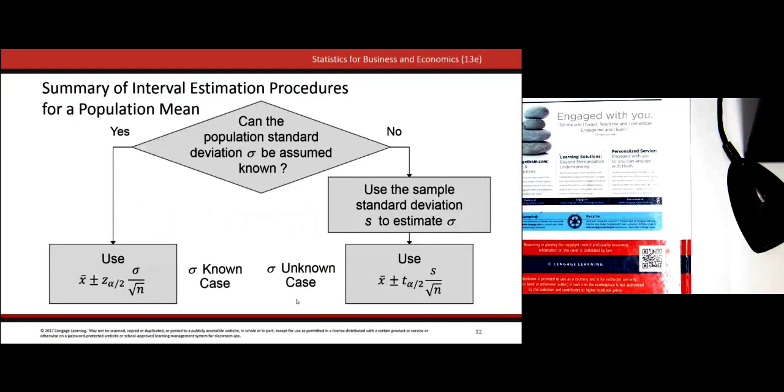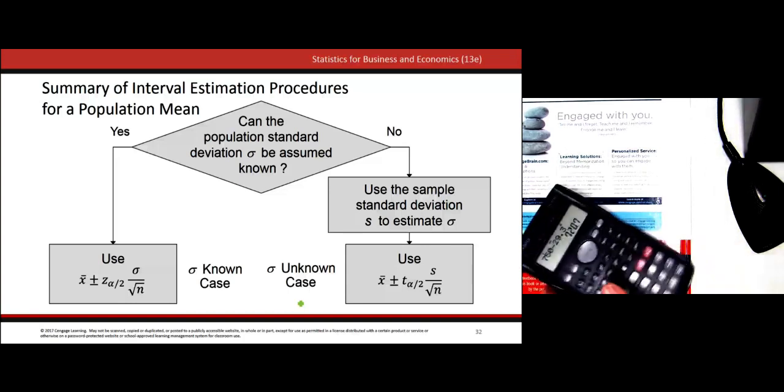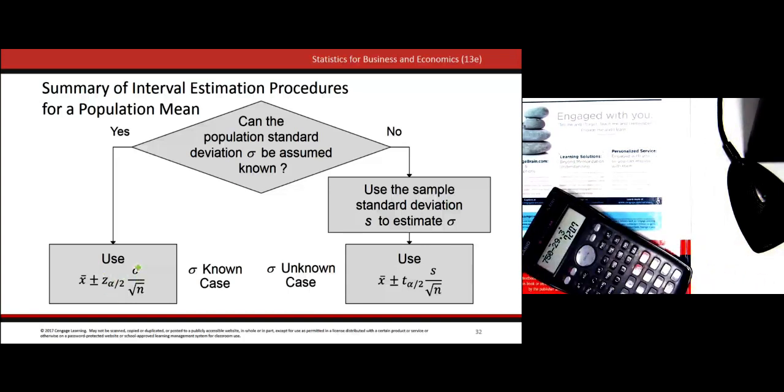So in this case, we look at the question. Do we know the population standard deviation? If yes, then we use the standard normal distribution, and of course we use sigma to calculate the margin of error. If sigma is unknown, then we have to calculate the sample standard deviation to estimate sigma, or the sample standard deviation may be given in the problem.